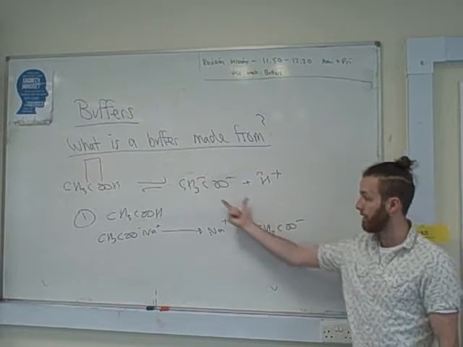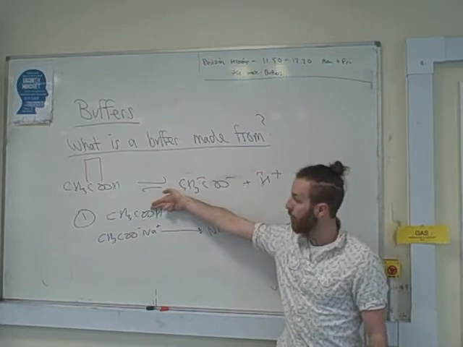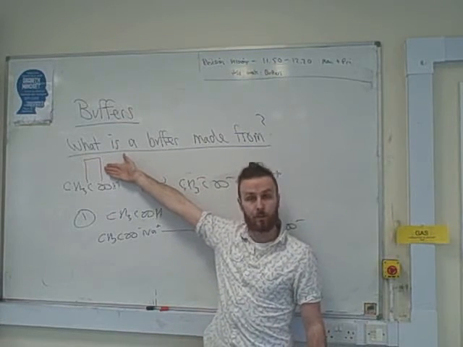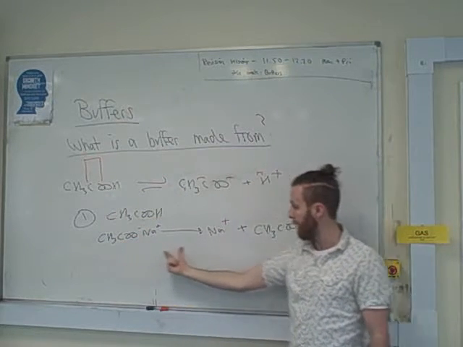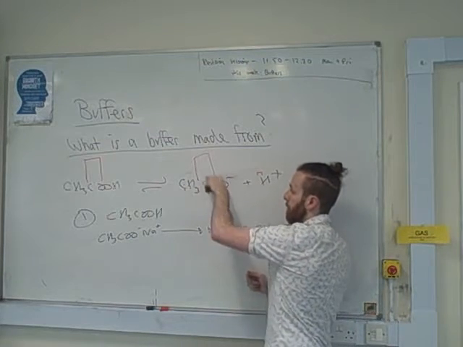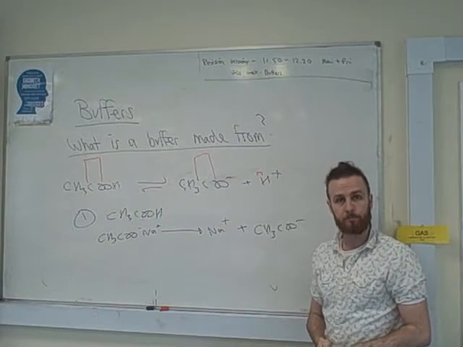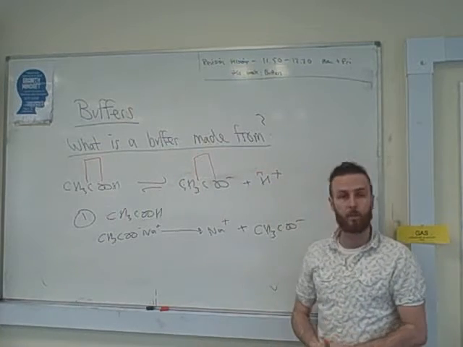Well, what is this? This is the conjugate base. So we add the weak acid to get a large reservoir of weak acid, and we add a salt so that it fully dissociates to give us our large reservoir of conjugate base. So at the end of the day, we've got a weak acid and conjugate base, we have a buffer.